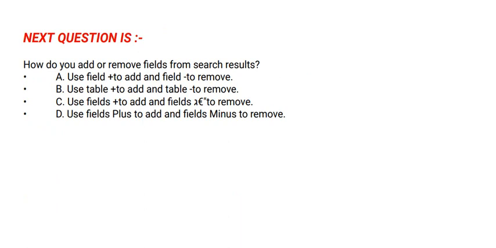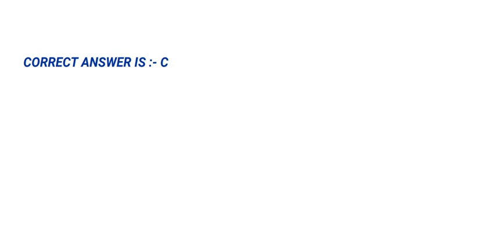Option C, use fields plus to add and fields minus to remove. And option D, use fields plus to add and fields minus to remove. The correct option is option C.